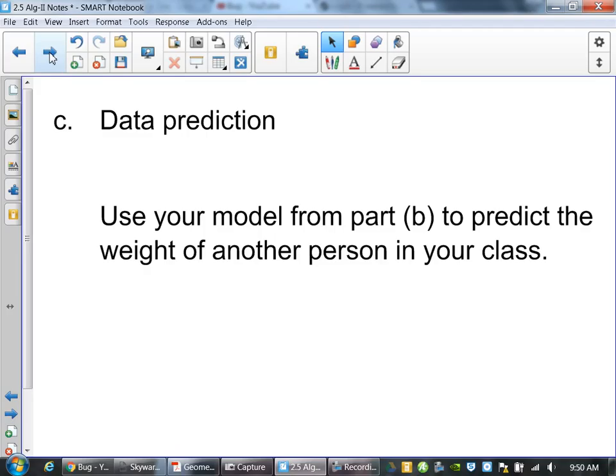So let's use our prediction. We use it in terms of height, so let's predict if we have somebody's weight, let's predict their height. Ours is backwards here, so we wrote it in terms of weights. Who did we not pick for an ordered pair? Mikey.